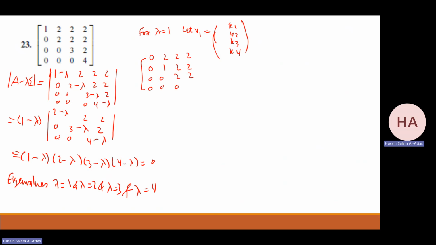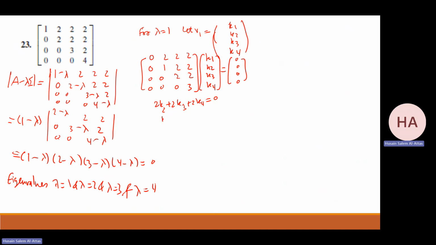The last one, 0, 0, 0, 4 minus 1, that will be 3. Now we need to solve the system. 2K2 plus 2K3 plus 2K4 equals 0.